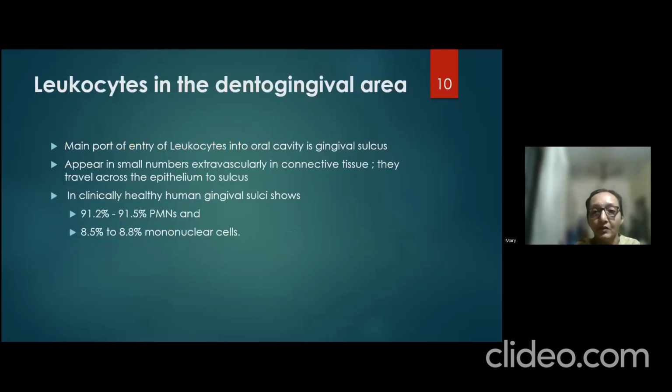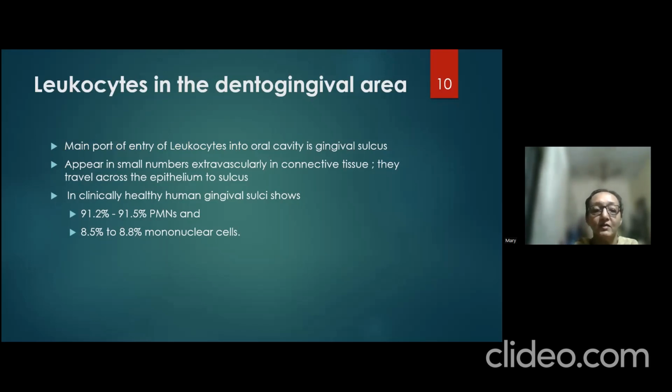So we see the roles of various cytokines, and besides these, we also have leukocytes in the dentogingival junction. The main port of entry of leukocytes into the oral cavity is through the gingival sulcus. It is seen that in clinically healthy normal human gingival sulci, almost 91.2 to 91.5% are composed of polymorphonuclear neutrophils, and 8.5 to 8.8% consist of mononuclear cells.